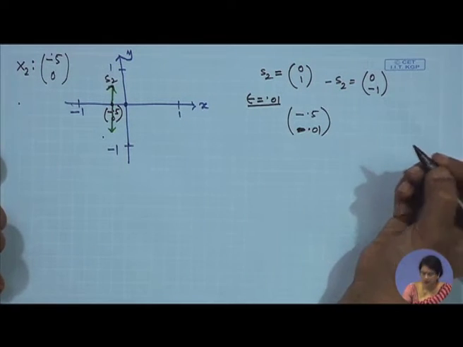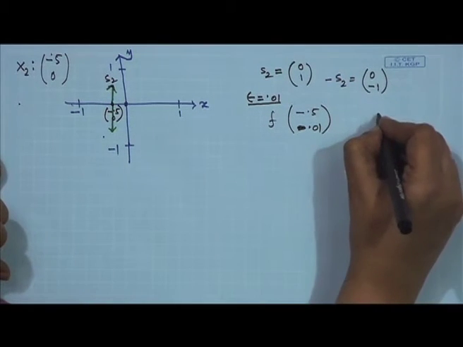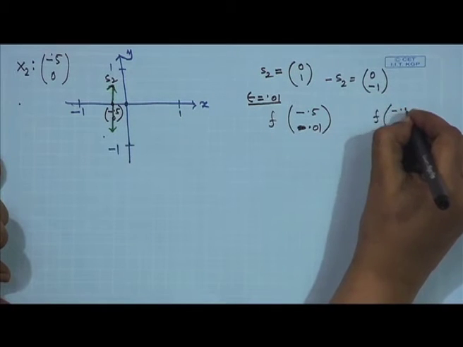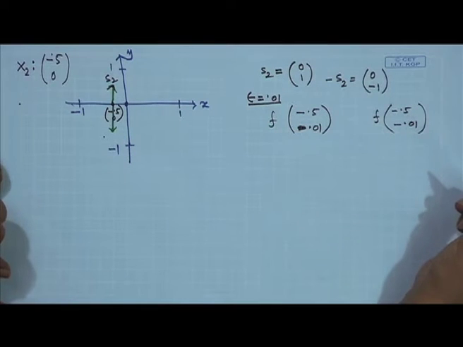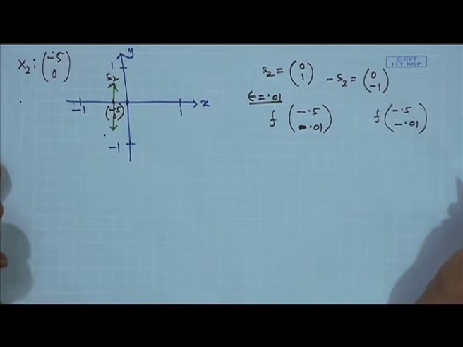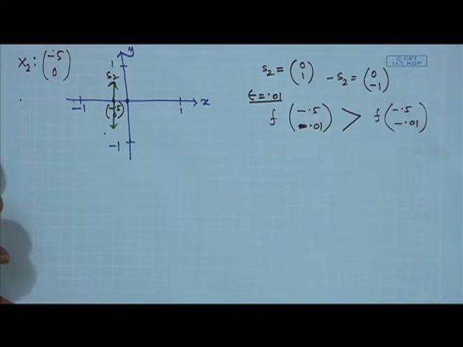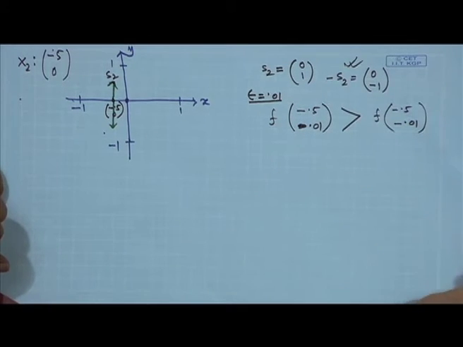Alright. I will see the functional value here, and I will see another in the lower part, minus 0.5 minus 0.01. Alright. If we just calculate the values, I have seen this value is lesser than this. That is why we are sure that this direction is the best direction to get the minimum.